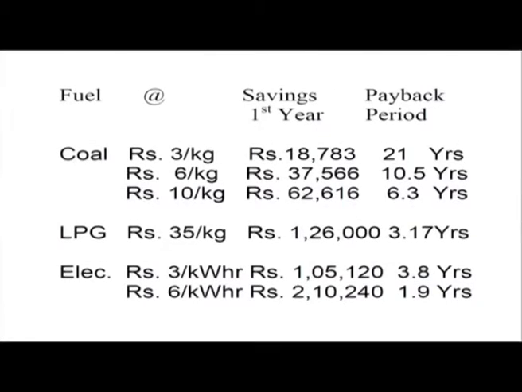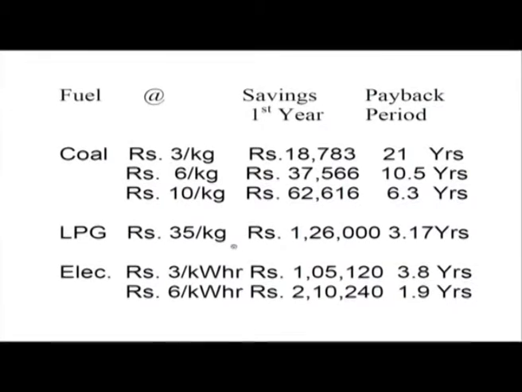And I tried my best. Apparently, retail coal is not sold, at least at the place I am staying, and I could not get real values. The coal prices at the pit head are around 2000 to 2500 rupees per ton. So, if you assume a certain transportation charge per kg, 3 rupees to 10 rupees seems to be a reasonable number.